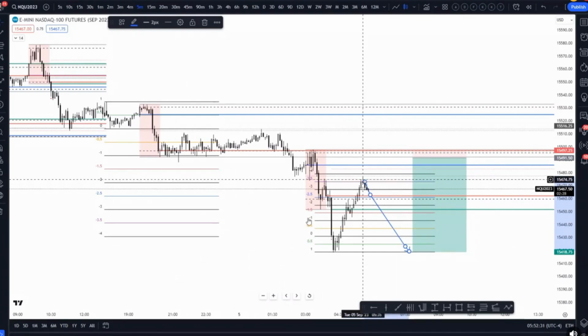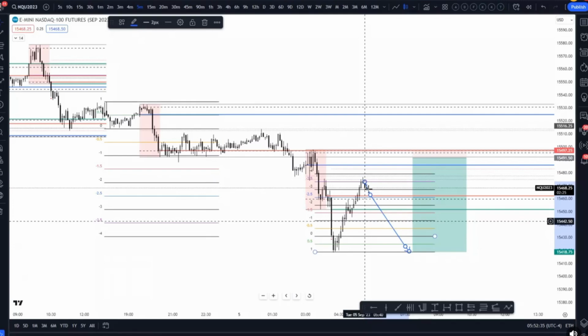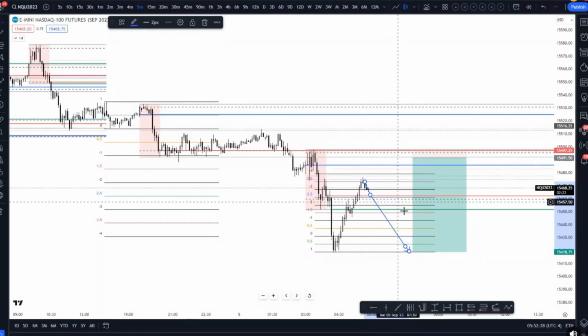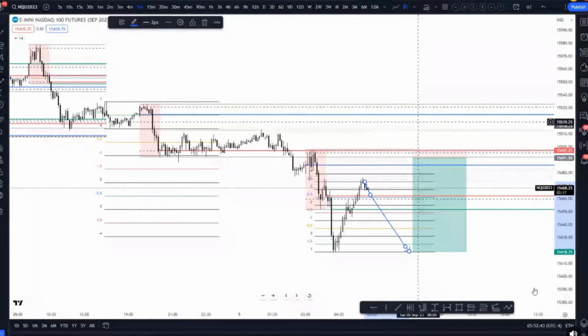Or it might not even fulfill more past this extension and just simply chop and then go for a deeper retrace based off of the data at a latter part of the session.